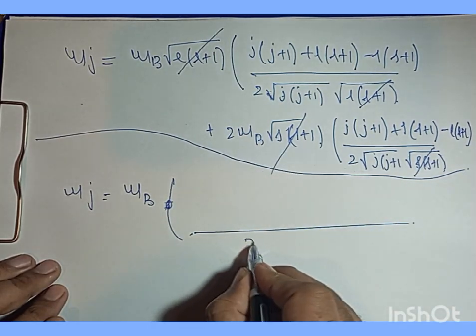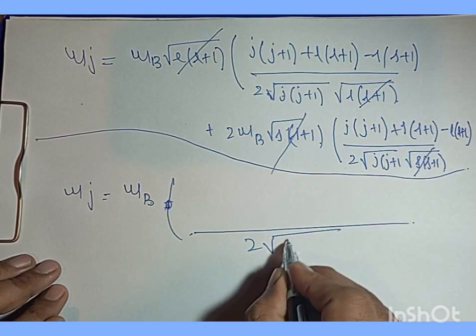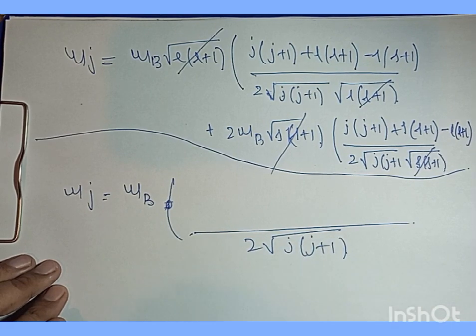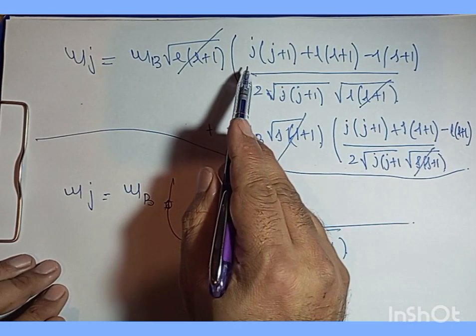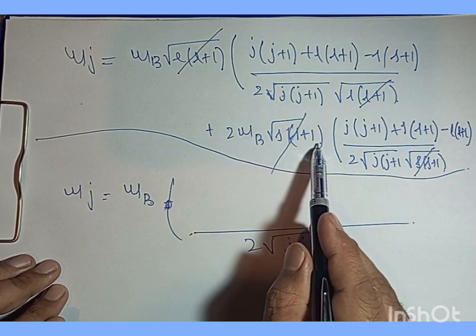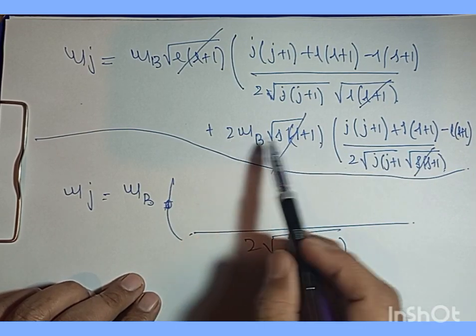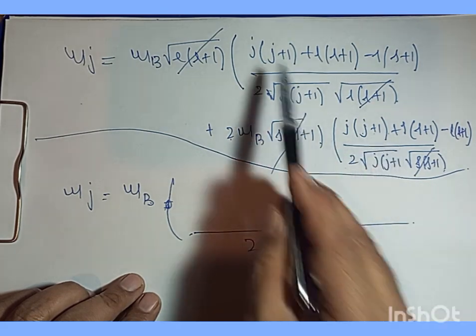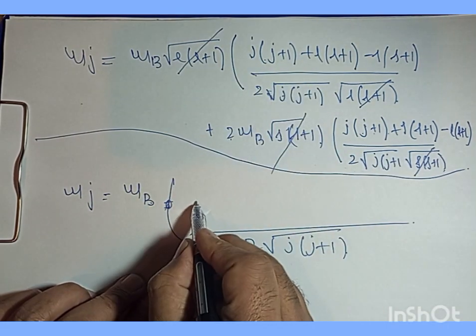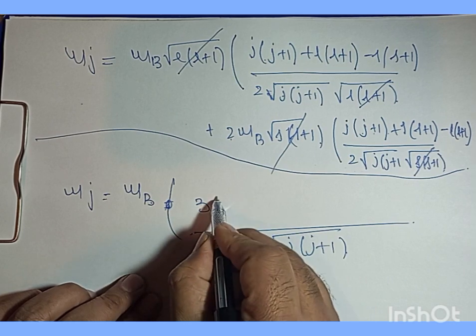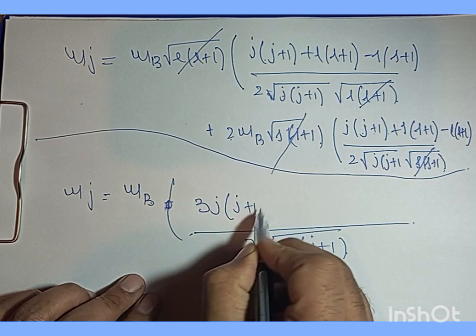What will be that? That will be 2 times under root of j times j plus 1. Okay, then we will have this whole thing and this whole thing 2 times. So we can see here, this is 2 j times j plus 1, j times j plus 1. This will give me 3 times j times j plus 1.